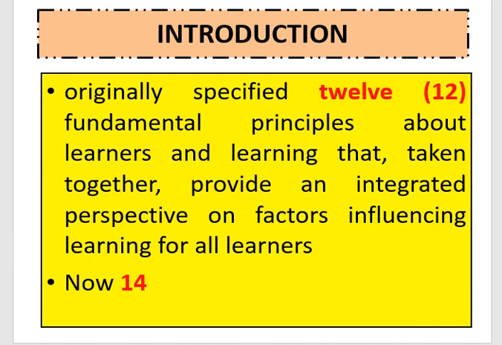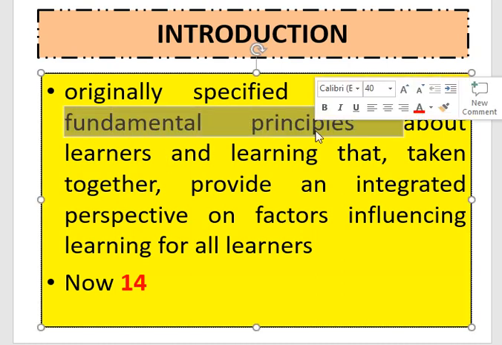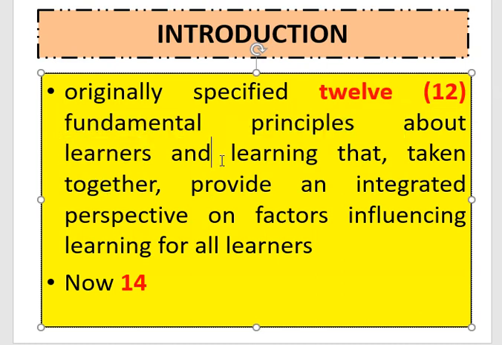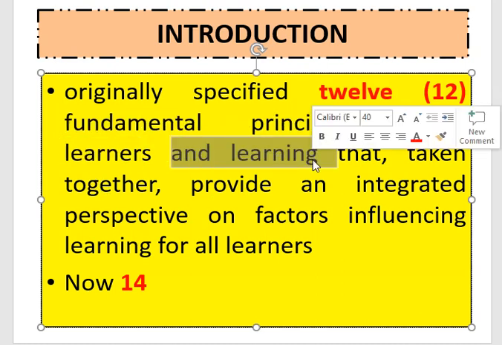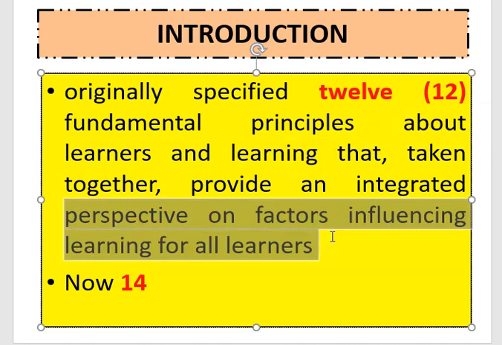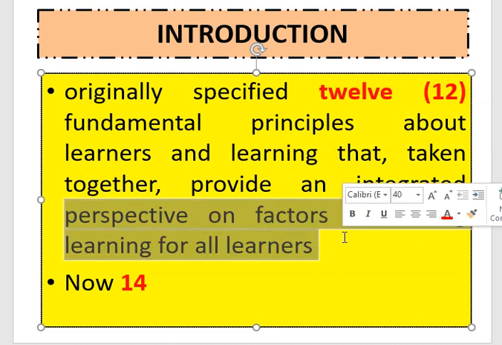The product of this task force was initially 12 learner-centered principles, which are about the learners and the learning process. These principles also talk about the perspective on factors which influence learning for all learners.